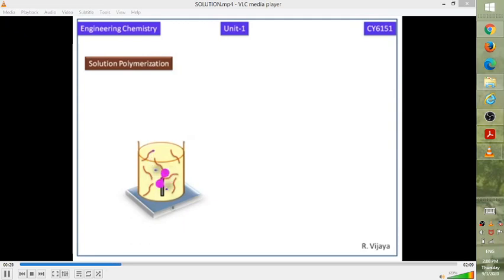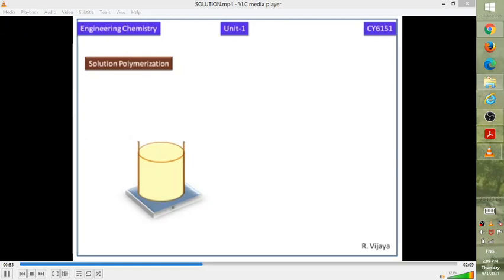Now we can see how the initiation and propagation is taking place. After propagation, termination occurs. During the termination, polymer is produced.